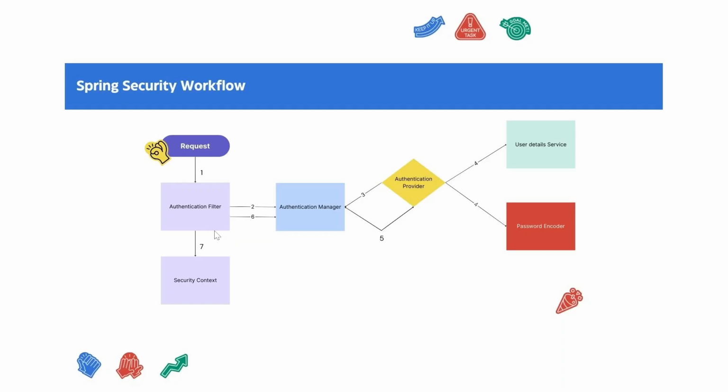So this is basically the simplest illustration I can give at the moment. If there's something you didn't clearly understand, just ask your question in the comment section and I'll be very happy to respond. So this is basically the flow that Spring Security follows.